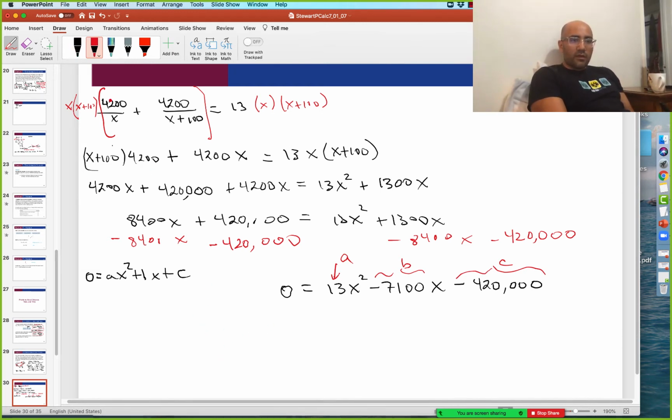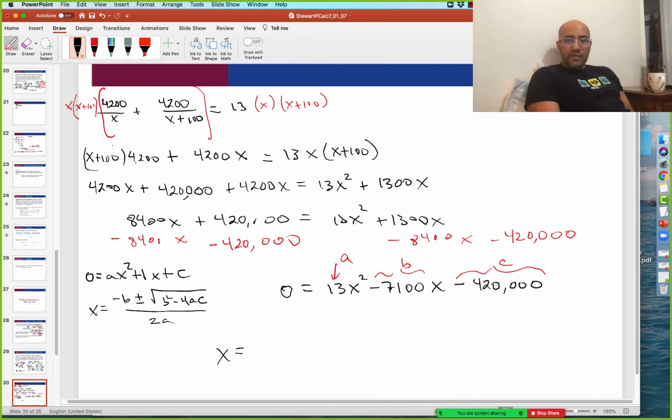So the formula is x must be equal to negative b plus or minus the square root of b squared minus 4ac, all over 2a. And so x is equal to negative b.